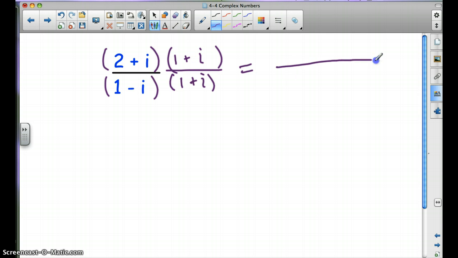And when we do that, we end up with 2 plus 2i plus 1i plus i squared.